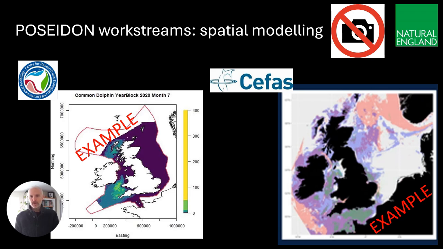The highly mobile species models are GAMs, generalised additive models, with a 5 by 5 kilometre spatial resolution using data going back about 25 years. The CFAS models are on a 1 by 1 kilometre resolution using random forest models and clustering to describe key areas of biodiversity and rarity and sensitivity.